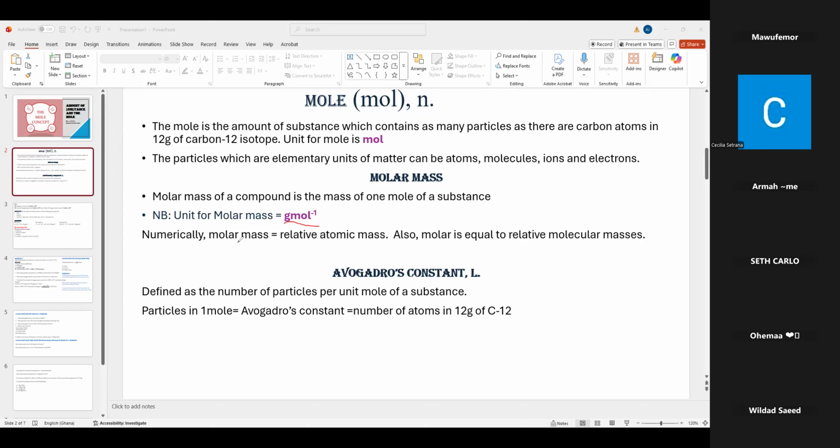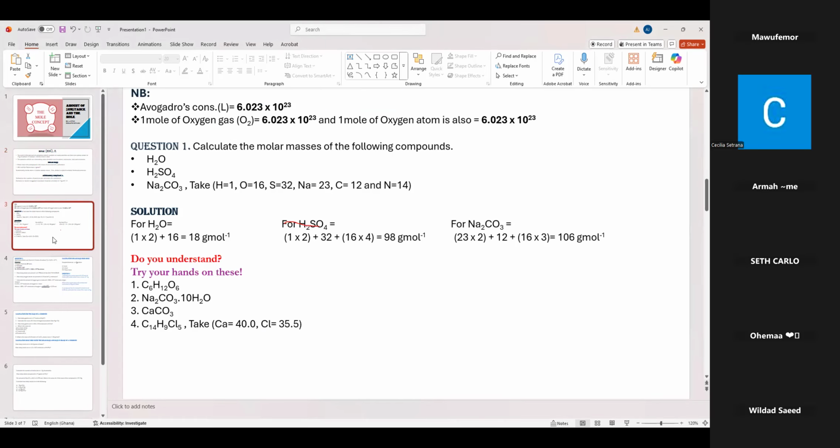We are going to look at some calculations that revolve around whatever we've spoken so far in slide 1. Like I mentioned earlier, the Avogadro's constant is 6.023 times 10 to the power 23.